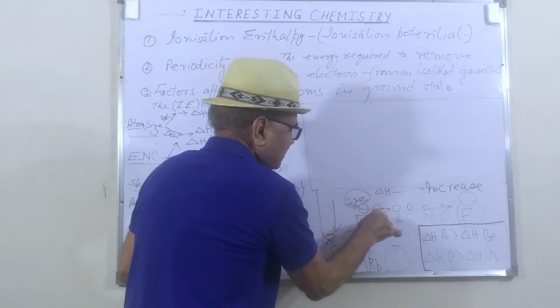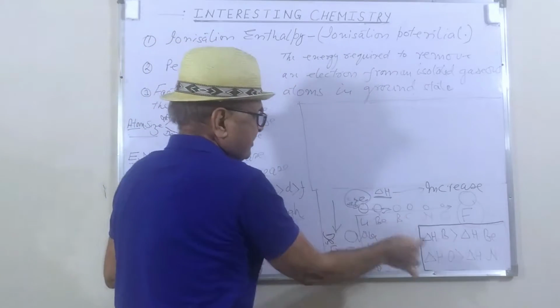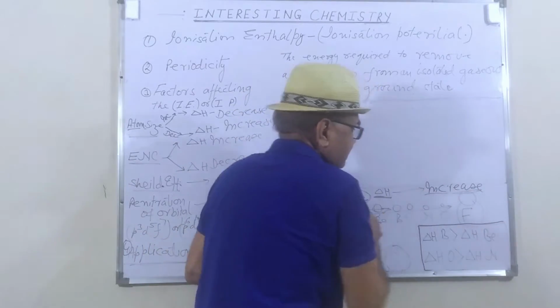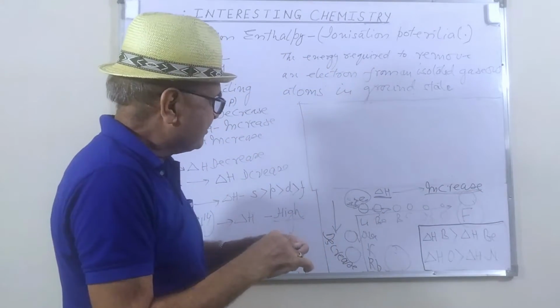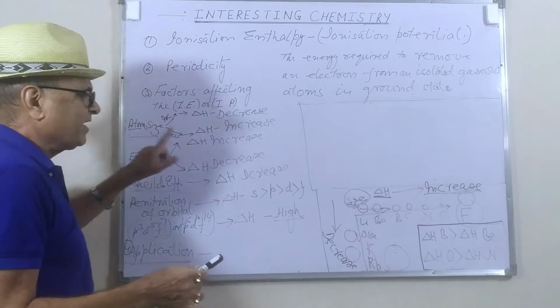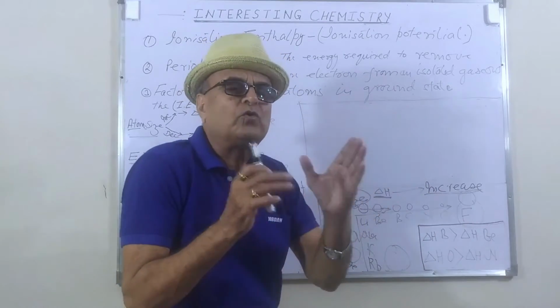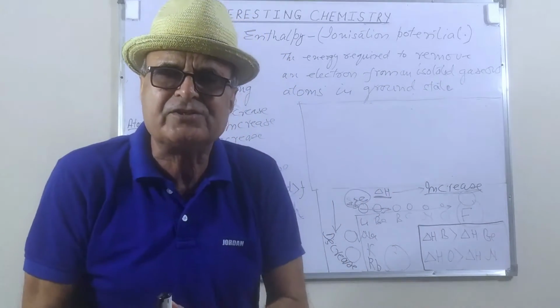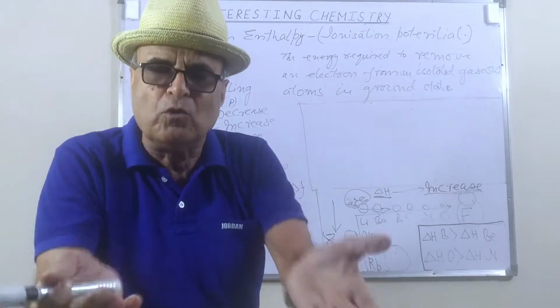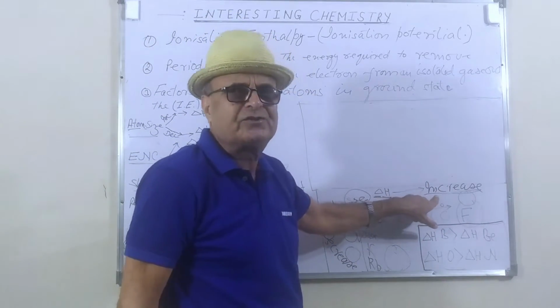It is size, but I am writing here delta H. The ionization enthalpy will increase because the size decreases due to the ENC, effective nuclear charge. When size is decreasing, you have to give more energy to remove the electron, so the delta H will increase.